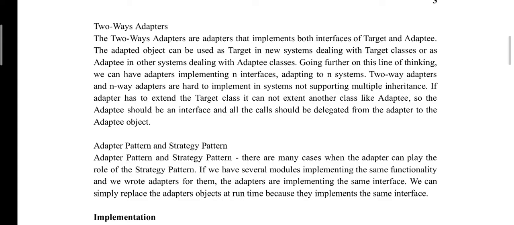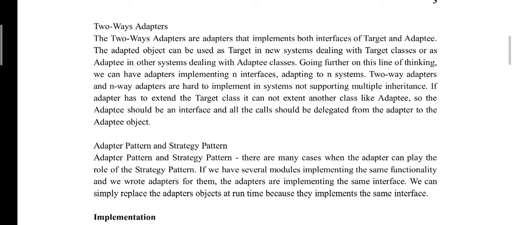Going further on this line of thinking, we can have adapters for implementing an interface as well as adapting another system. Two-way adapters and n-way adapters are hard to implement in a system because they are not supporting multiple inheritance.